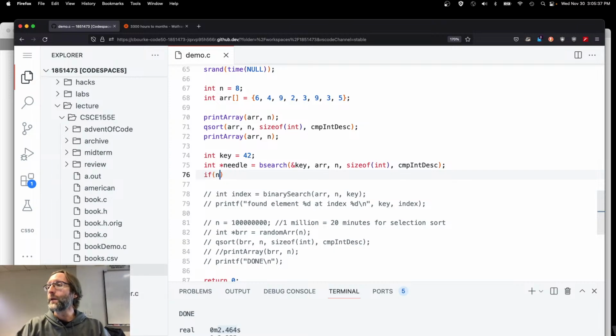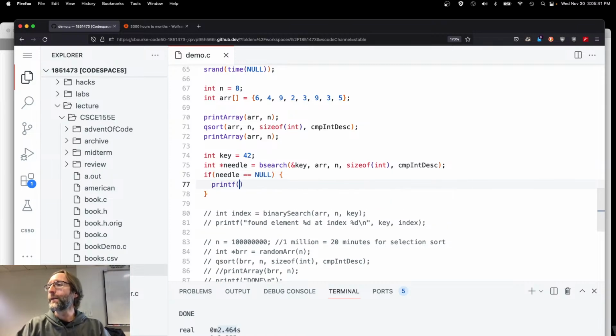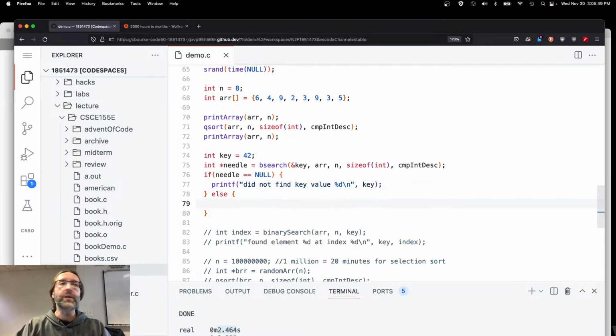Let's check for that. If needle is null, then we'll printf did not find key value %d and newline, key. Otherwise, if it's not null, then we have successfully found it. Printf success found %d and newline. In this case, though, I'm going to dereference needle, at memory location %p.